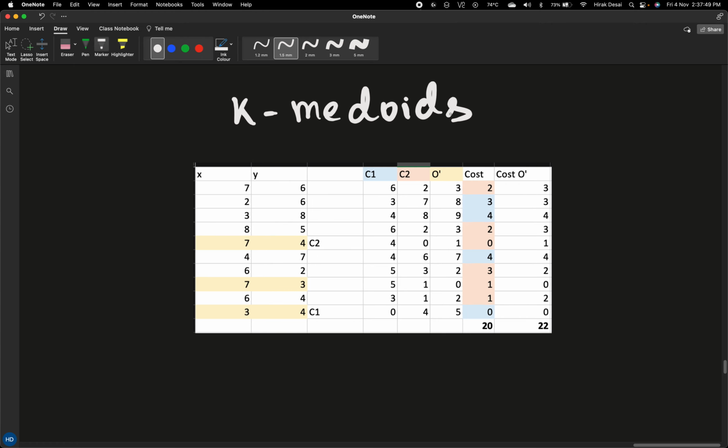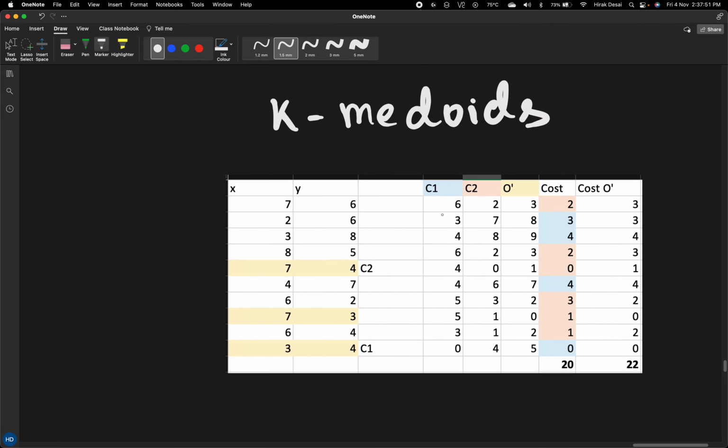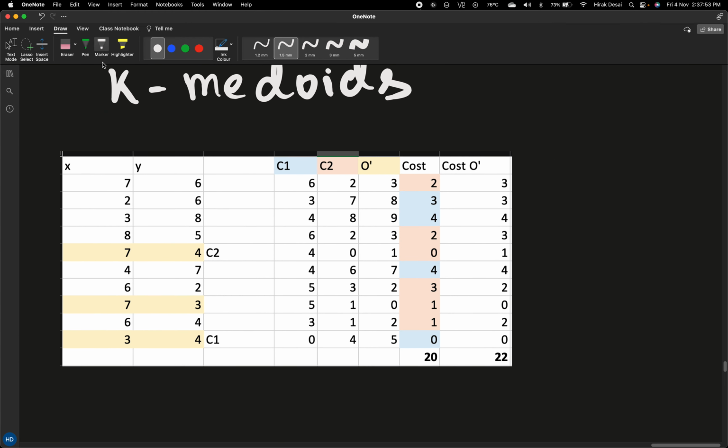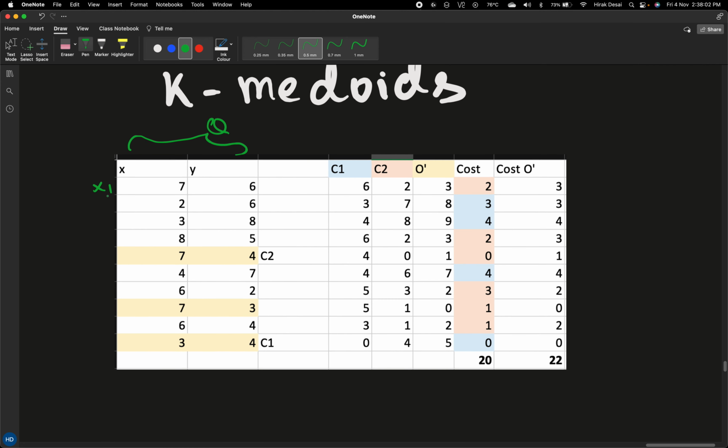Now that we're into the question, I want you to only focus on these two columns. This is your question. I'll just label them x4, x5, x6, x7, x8, x9 and x10.